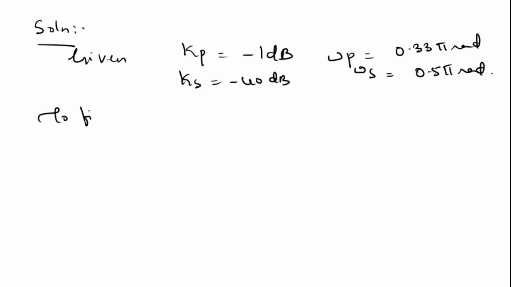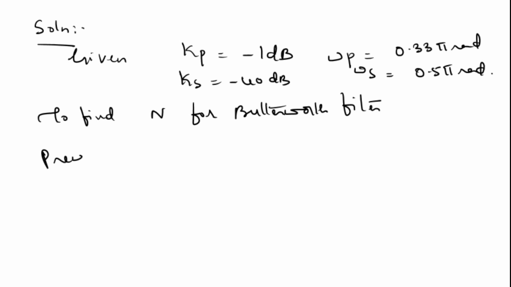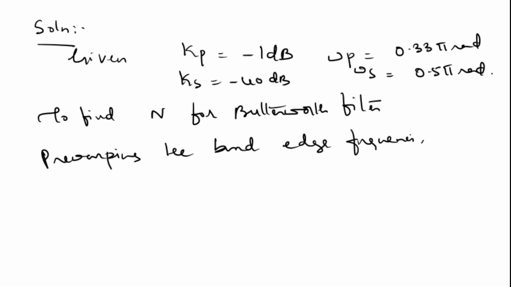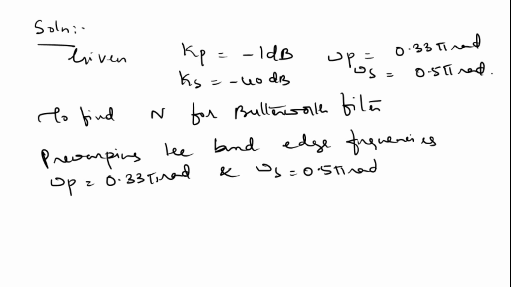To find N for Butterworth filter, pre-warping the bandwidth frequencies: ω_p is equal to 0.33π radian and ω_s is equal to 0.5π radian.